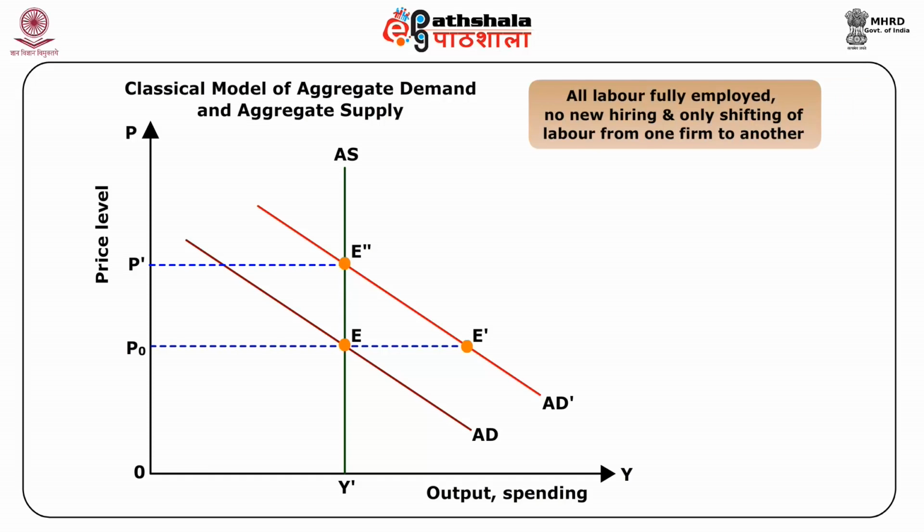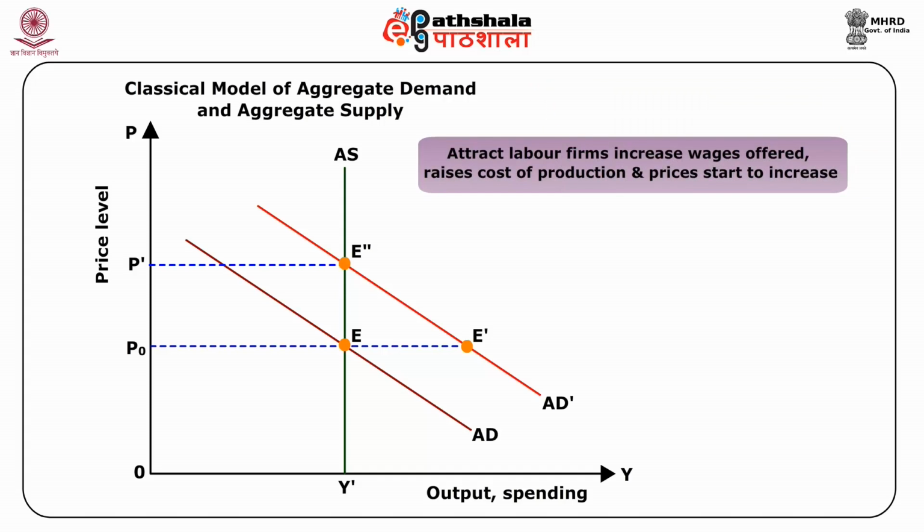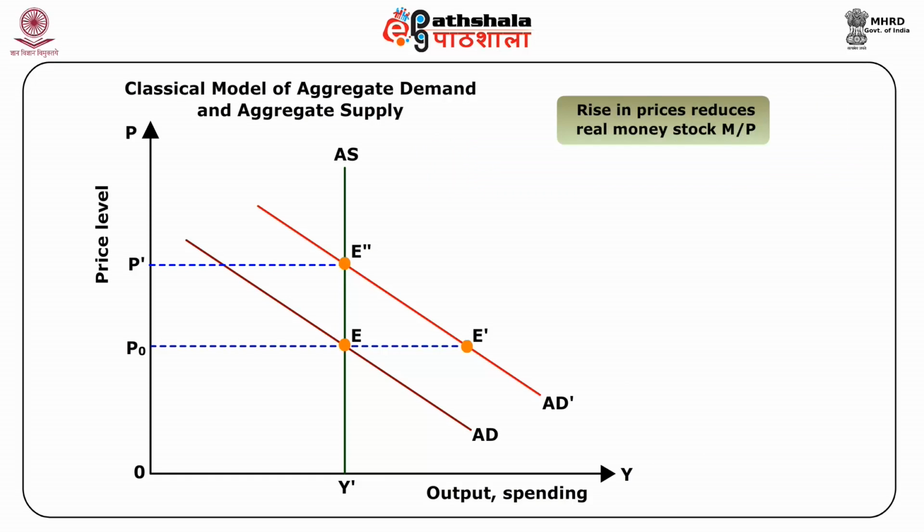However, as all labor is fully employed, there can be no new hiring and only shifting of labor from one firm to another. To attract labor, firms increase their wages offered, but this raises the cost of production and hence prices start to increase. A rise in prices reduces the real money stock M by P, and hence we start moving left along the AD curve.